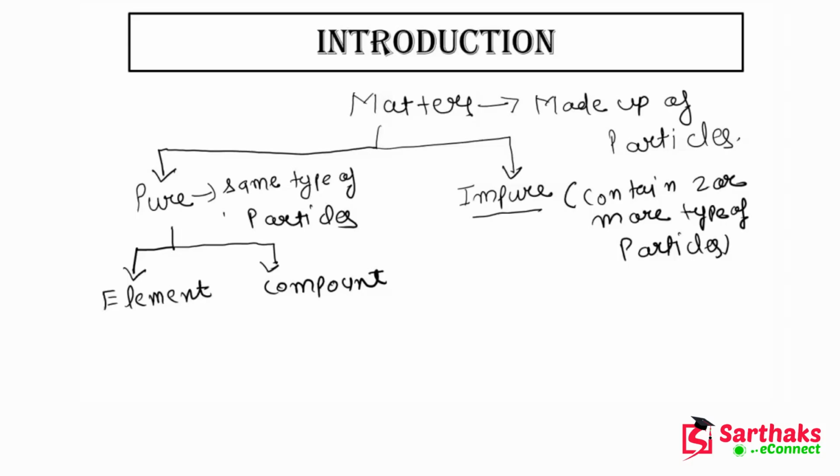Now what is an element? An element is a substance which cannot be further classified. These are chemicals that cannot be further classified.